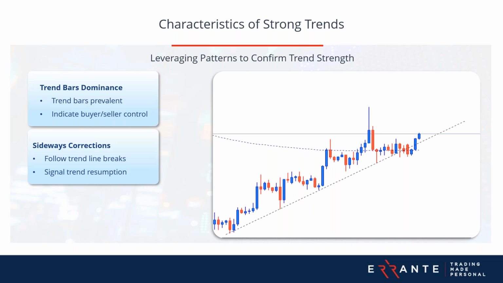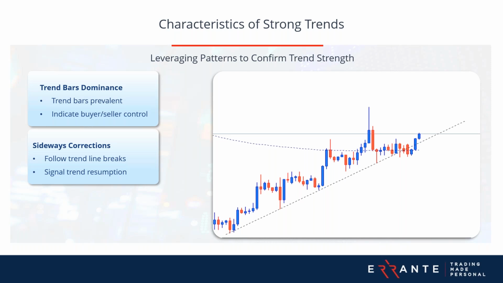One of the important characteristics of a strong trend is that following a trend line break, conventional wisdom might anticipate a reversal. This is a theory. However, the market often opts for a sideways correction instead.